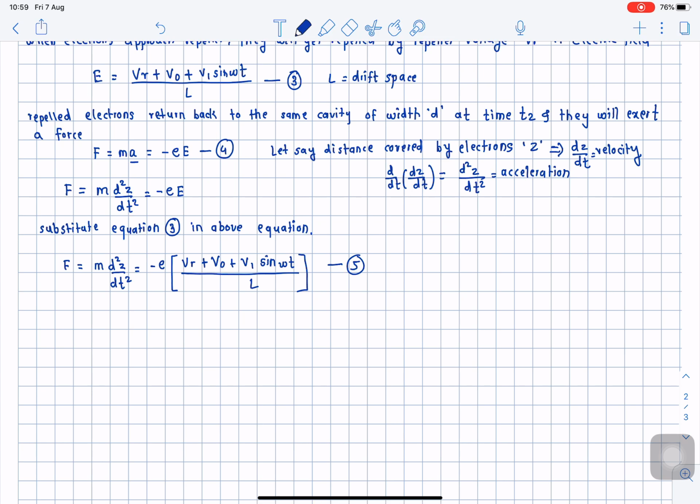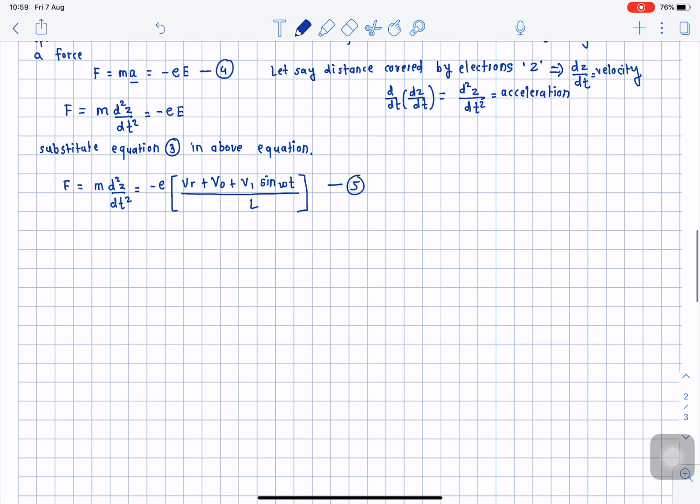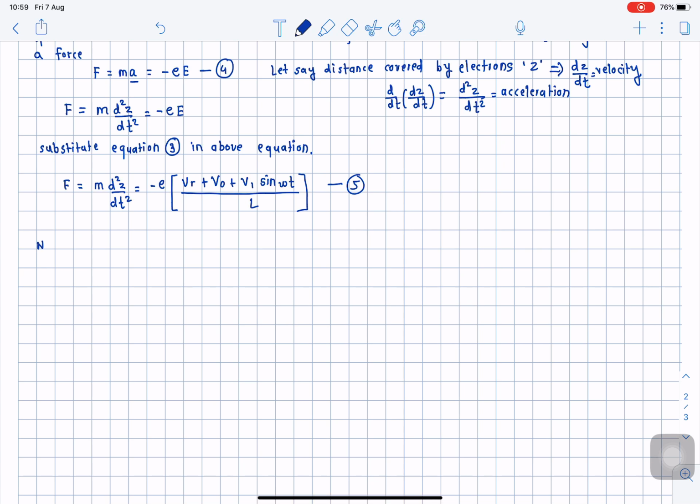Right? So here now we see the voltage amplitude. The repeller voltage and the DC voltage, if you add them together, this quantity will become very much greater than the magnitude of the microwave signal that we are introducing.